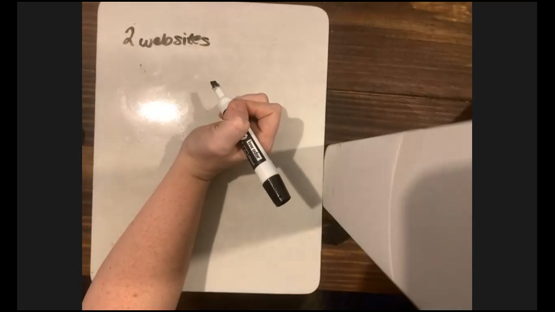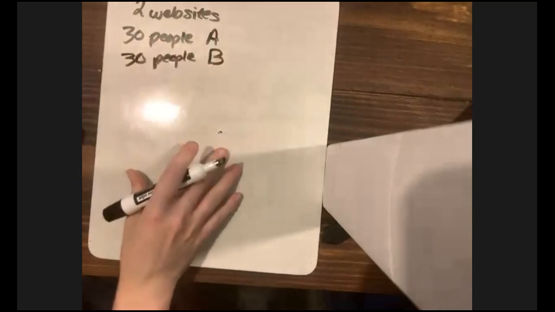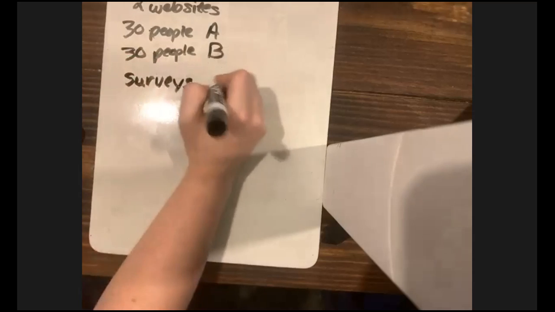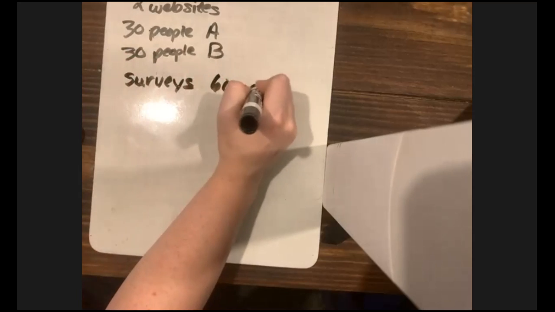She provides both designs online. She gets 30 people to look at A, and 30 people who look at B, and then she surveys the 60 people.